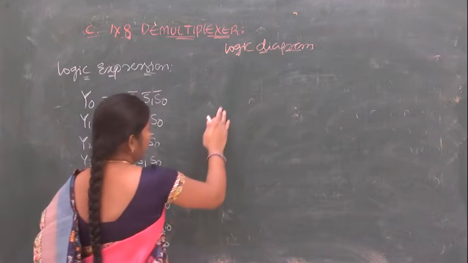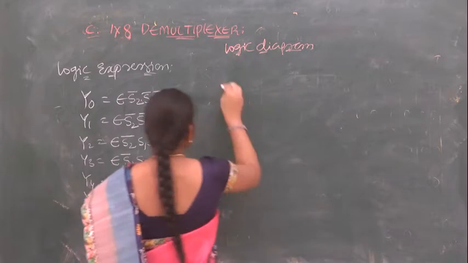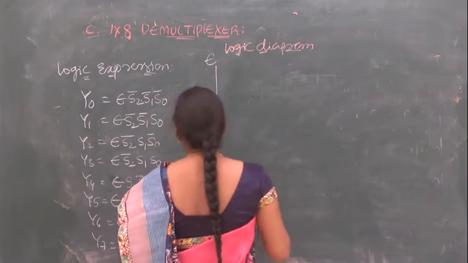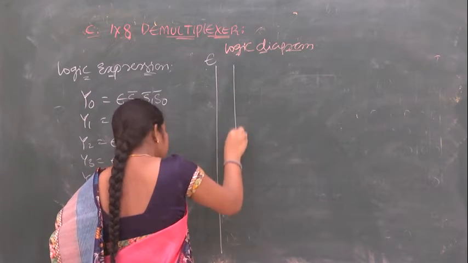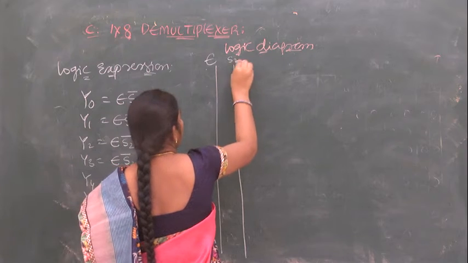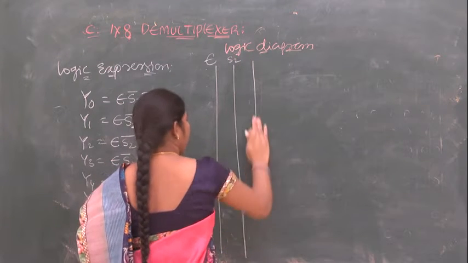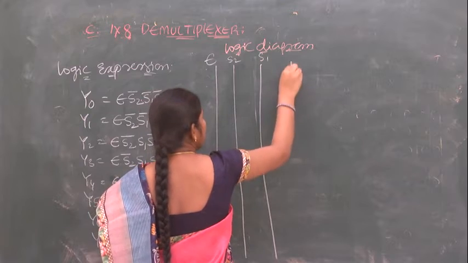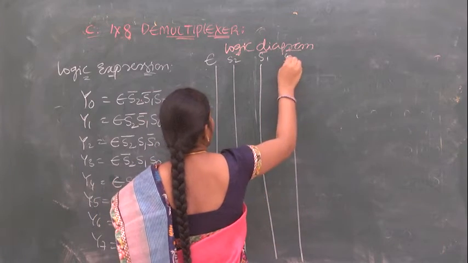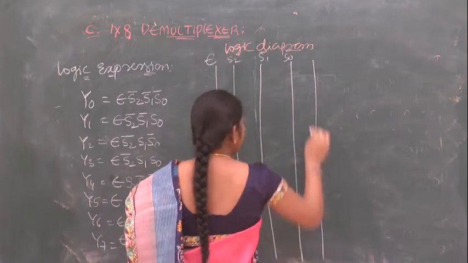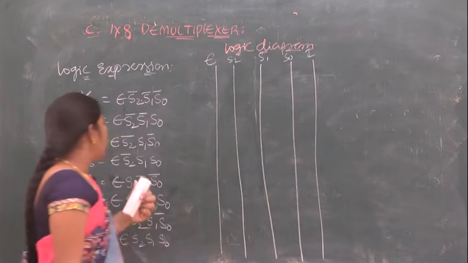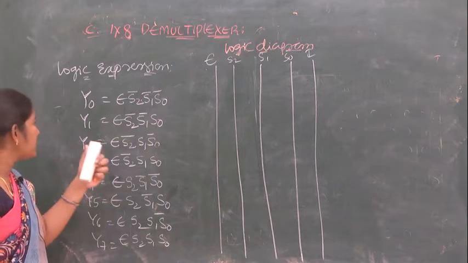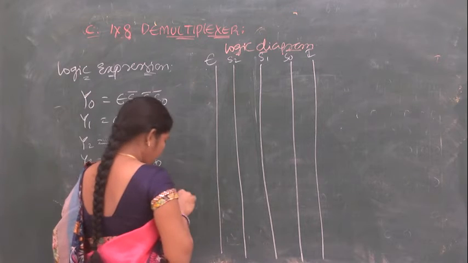To draw this logic diagram, consider all the inputs which are enable and the selection lines S2, S1, S0 and input data I. But in these logic expressions, the selection lines are sometimes in complementary form also.